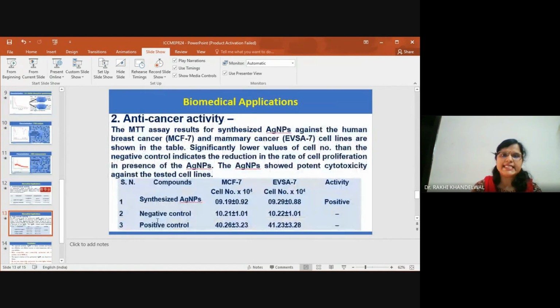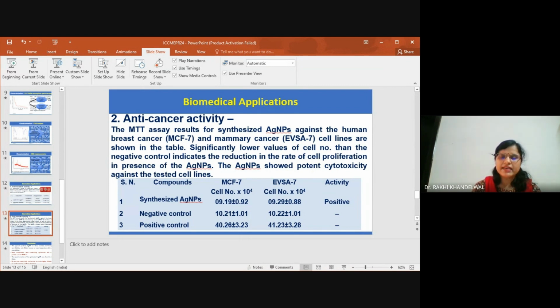Second one is the anti-cancer activities. For the anti-cancer activity, we have done the MTT assay. The MTT assay results for synthesized silver nanoparticles against the human breast cancer MCF7 and mammary cancer EVSA7 cell lines are shown in this table.